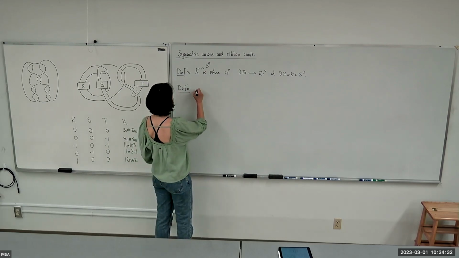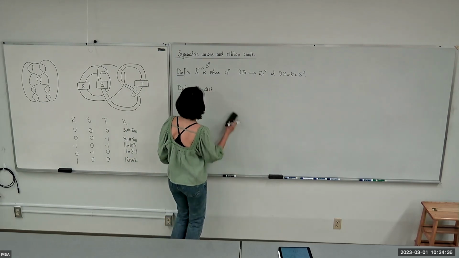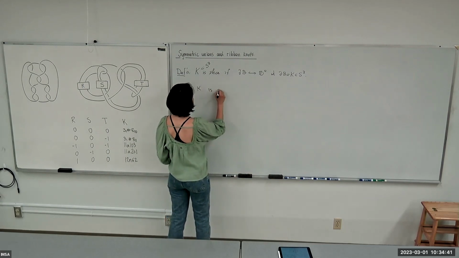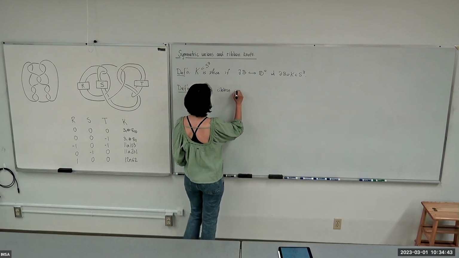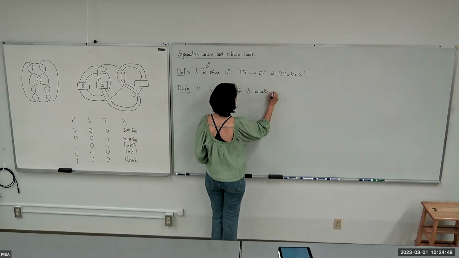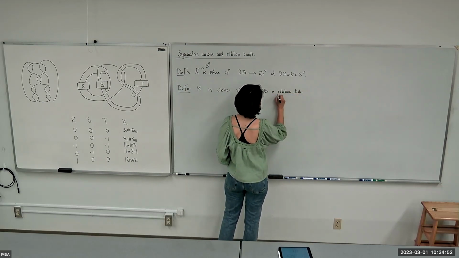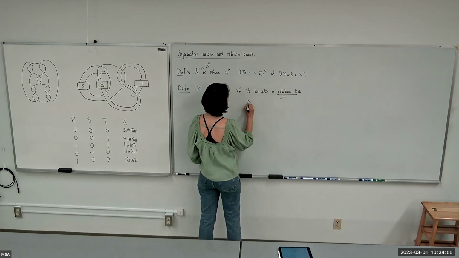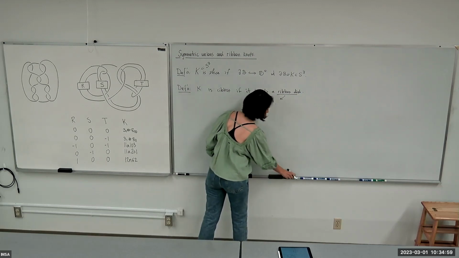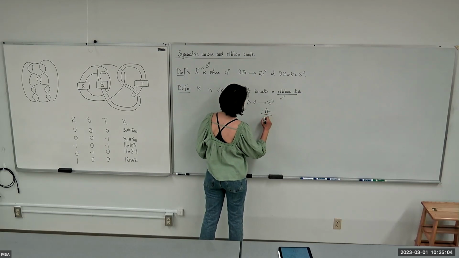We say K is a ribbon knot if it bounds a disk with only ribbon singularities. Locally, it looks like two strands.